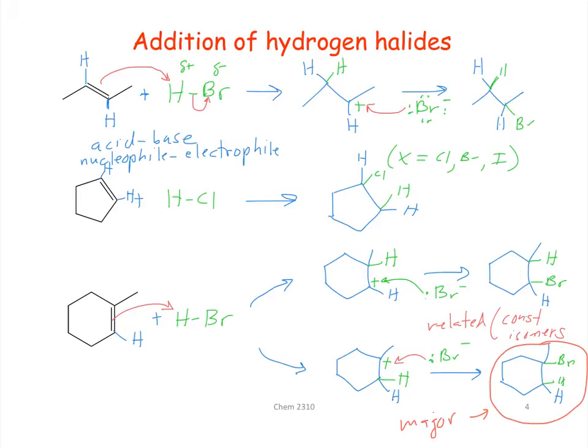It's going to depend upon the energy pathways, right? So whichever of these carbocations gets formed faster, the product that comes from that carbocation is going to be the major product. So it tells us here that this carbocation right here must be favored.